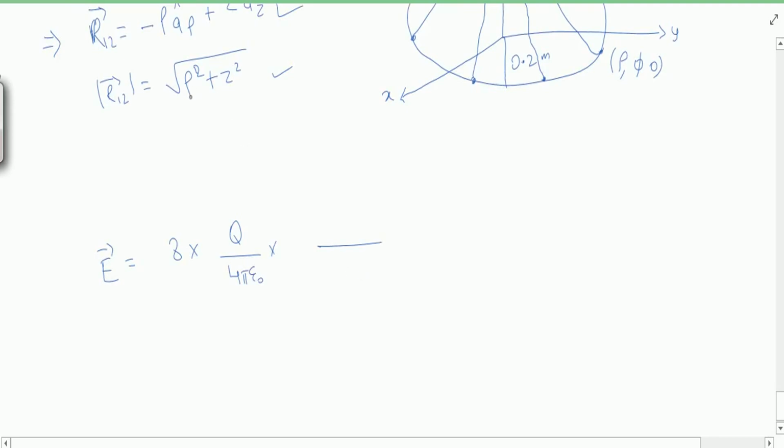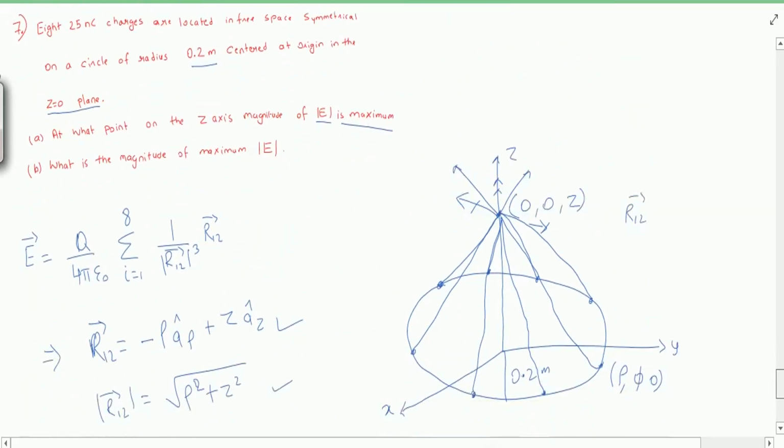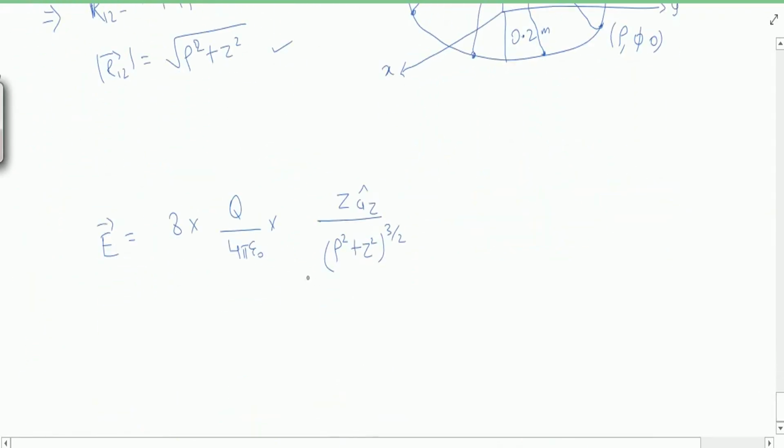So this magnitude becomes rho square plus z square to the power 3 by 2, and the r12 vector has only a z component. As I have told, the rho component will get cancelled because the charges are placed symmetrically and they are an even number of charges, so obviously they will cancel the effect of each other. So now this is the formula.